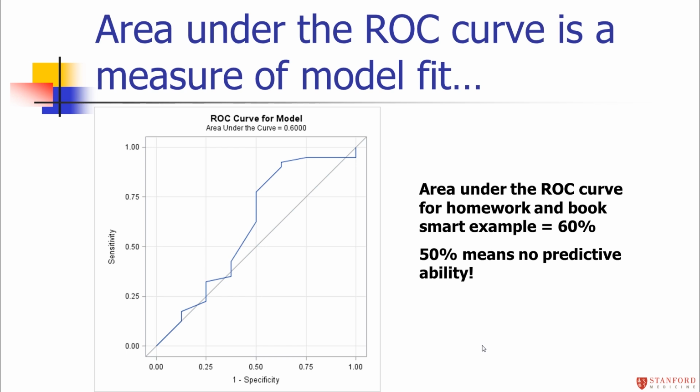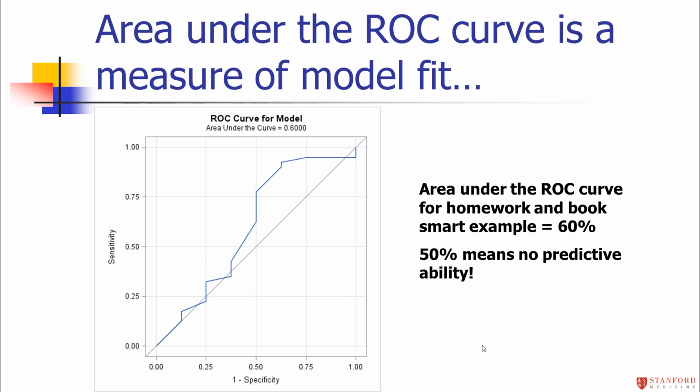You can also say just how good of a job the model does of predicting an outcome. You measure this with something called the area under the curve, the area under the ROC curve. The area under the curve for logistic regression is analogous to the R squared that we got out of linear regression.